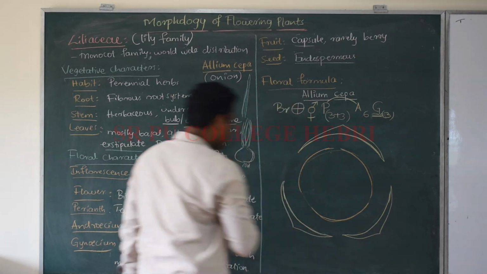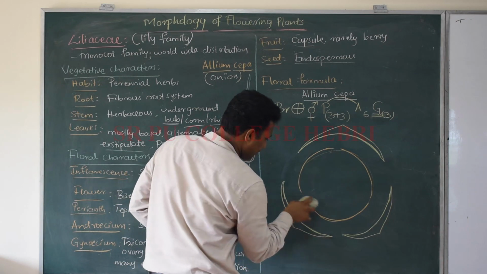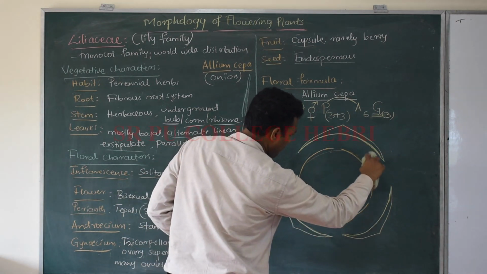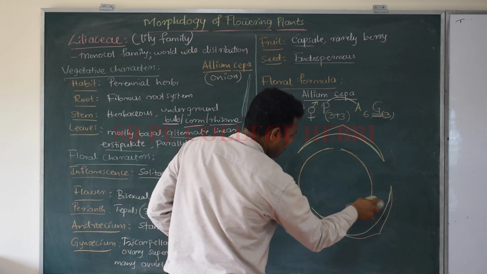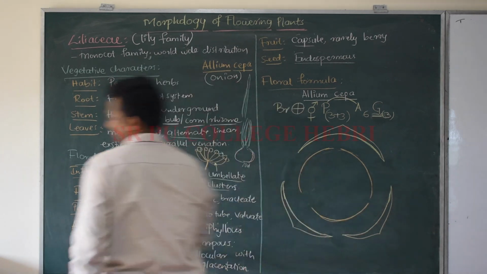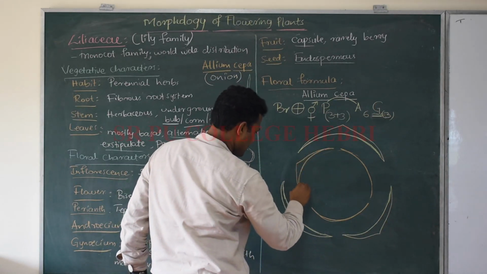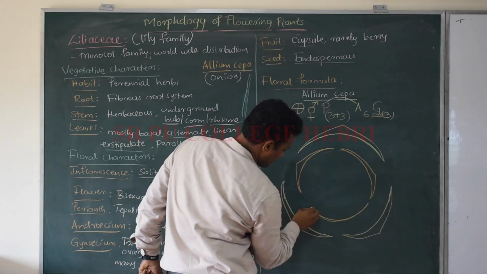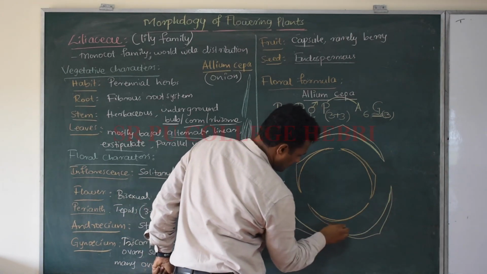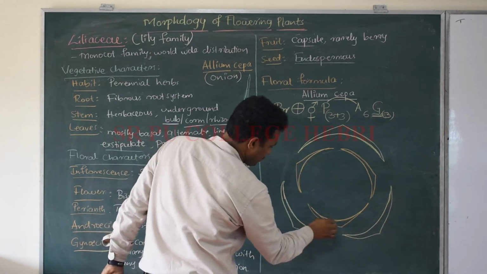So when perianth is present, you need not show the blunt ends for the petals also. You can show the sharp pointed ends even for the petals. Okay, so this is how we can show it like this.